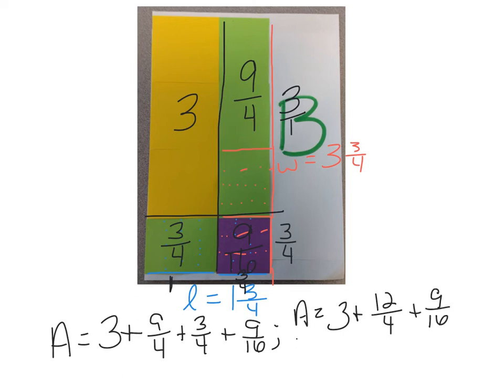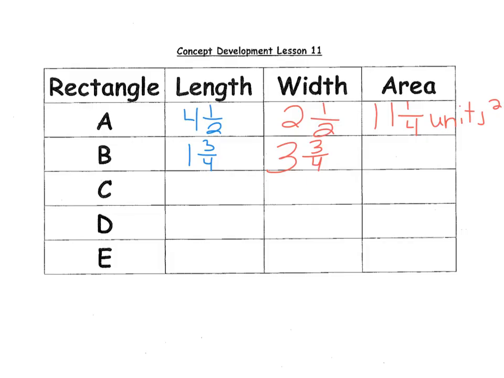Well, I happen to know 12 divided by 4 is 3. So 3 plus 3 is 6 and 9/16 units squared. So that's what I think my A equals. So I'm going to say 1 3/4 times 3 3/4 is 6 and 9/16 units squared.